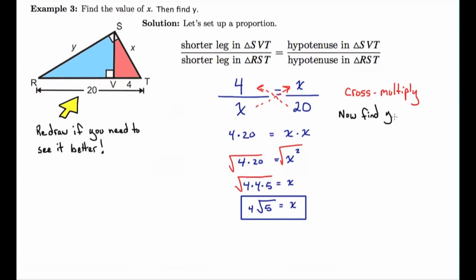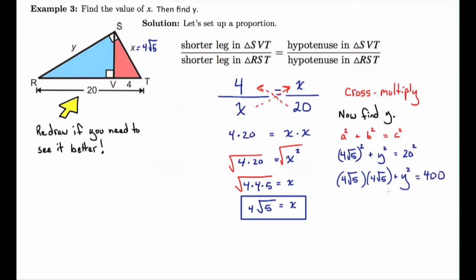Okay, now we need to find y. So we know in the large triangle here that the short leg is 4 root 5, that's x, and we know the hypotenuse is 20. We could use the Pythagorean theorem to find the other leg. So I'm going to substitute 4 root 5 in for a and 20 in for c. Now 4 root 5 squared is the same as saying 4 root 5 times 4 root 5, which 4 times 4 is 16, and root 5 times root 5 is 5. 20 squared is 400.